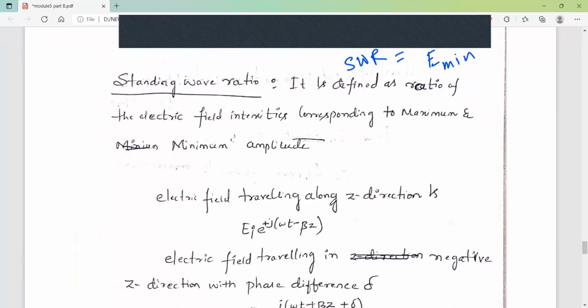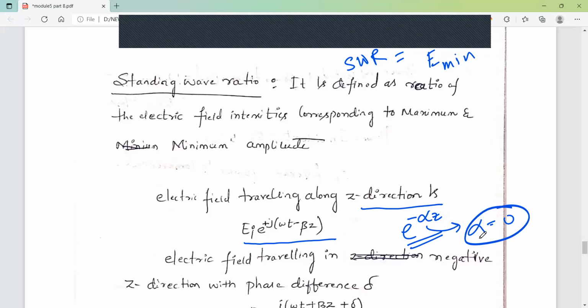So the electric field traveling along the z direction is given as Ei e to the power j omega t minus beta z. Here we have not put this quantity. Just remember the expression for electric field. There was a quantity called e to the power minus alpha z. And we have seen that for free space and perfect dielectric medium, alpha we have got as 0.